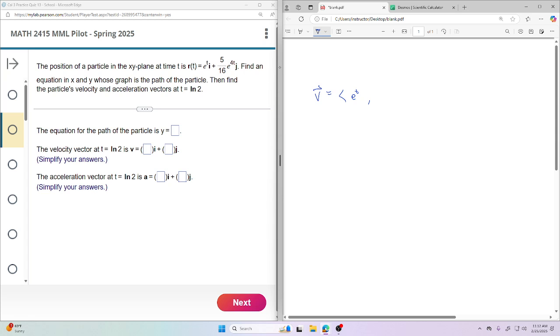Actually, it might work. So the 4 comes down to make a 20, doesn't it? And then I plug in my ln 2. ln 2 and e, they cancel and leave a 2.